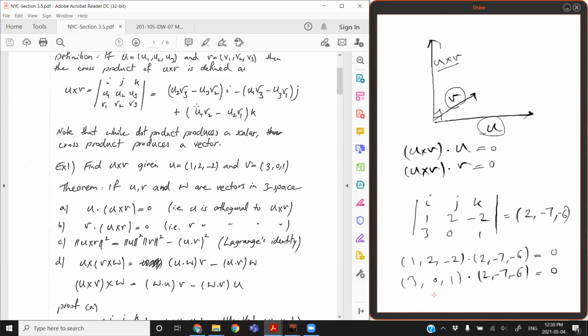For the first one, I get 1 times 2, 2, minus 14 plus 12. You can see that's 0. And if I do the second one, same thing: 3 times 2 plus 0 times -7 plus 1 times -6, I get 6 plus 0 minus 6. That is also 0. So this just shows that the cross product is orthogonal to both u and v.